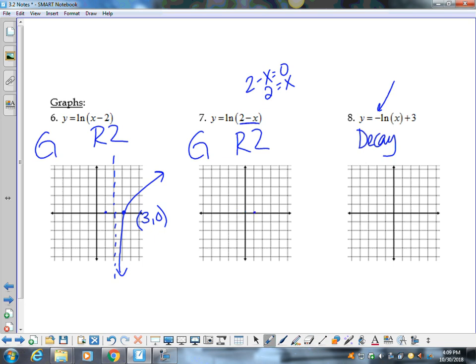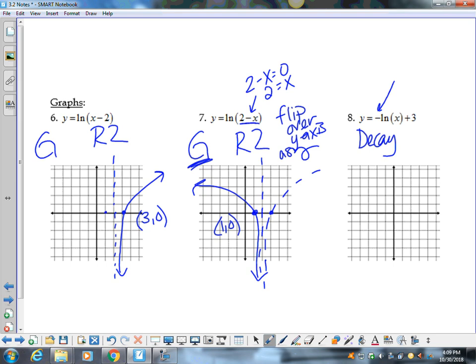Starting here, going left 2, asymptote is 1 behind it. Okay, now there's one thing here we haven't dealt with, the fact that there's a negative on the x. That's a flip over the y-axis, or really you need to think about it as a flip over the asymptote. So we were growth. So now I flip and I come this way and I land at 1, 0.